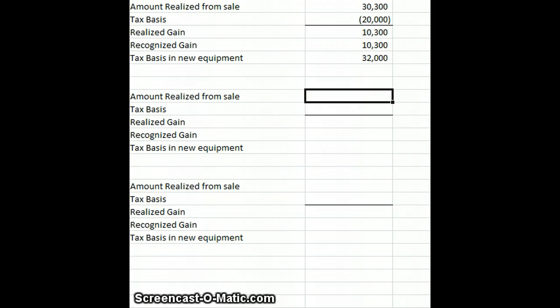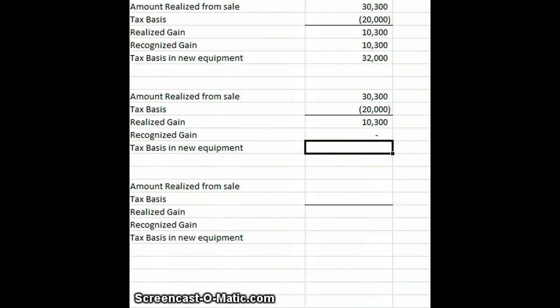My amount realized is going to be calculated the same way: my $32,000 fair market value minus the $1,700 boot that I had to pay. My tax basis was the same, $20,000. So my realized gain is $10,300 because it qualifies as a non-taxable exchange, which is tax deferred.